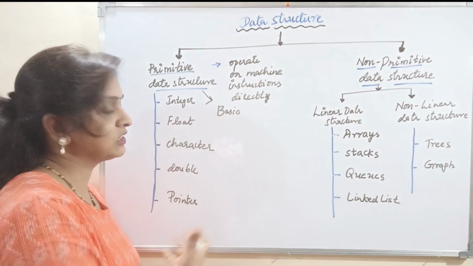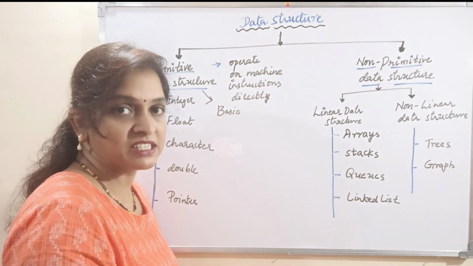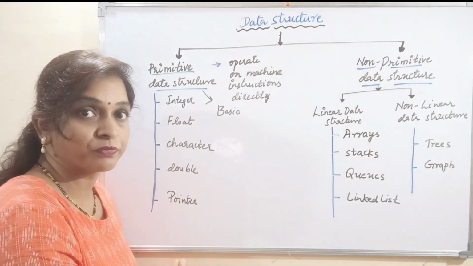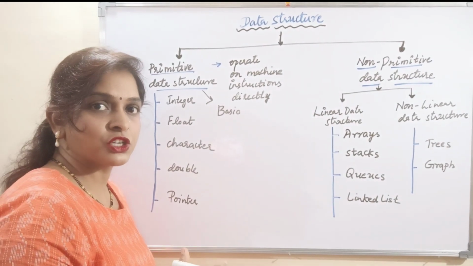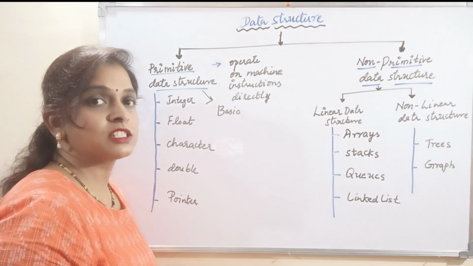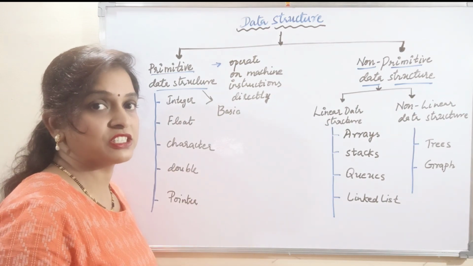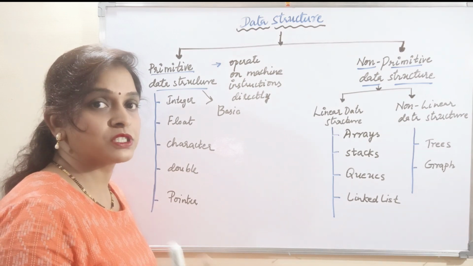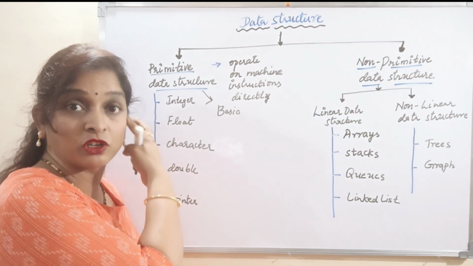You all know about the fundamental data types, right? We have studied the fundamental data types in the C language itself. So you have integer, float, character, double and pointer also. All these are basic data structures, which are already designed, and it is told to the compiler that they have to act like this only. For example, if I just say integer, we all know how many bytes of memory it consumes.